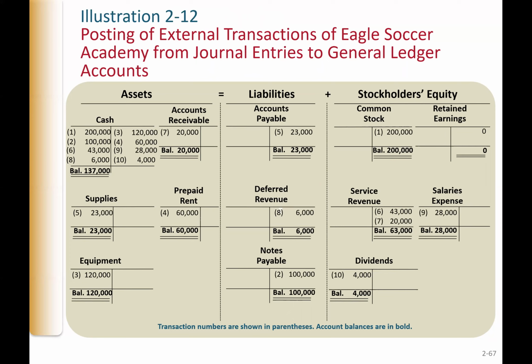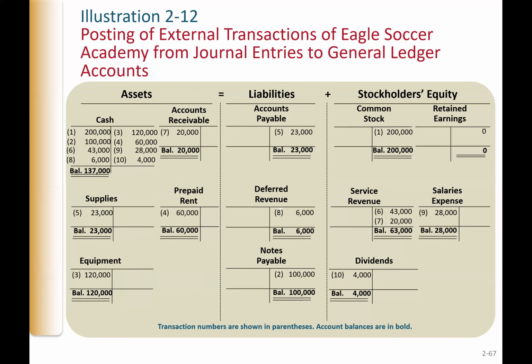All of those consist of our assets. And the total in assets will always equal the total for our liabilities plus our stockholders' equity. Now you see our liabilities, our accounts payable, our deferred revenue, and our notes payable are the liability accounts. We see our stockholders' equity consists of common stock and retained earnings.